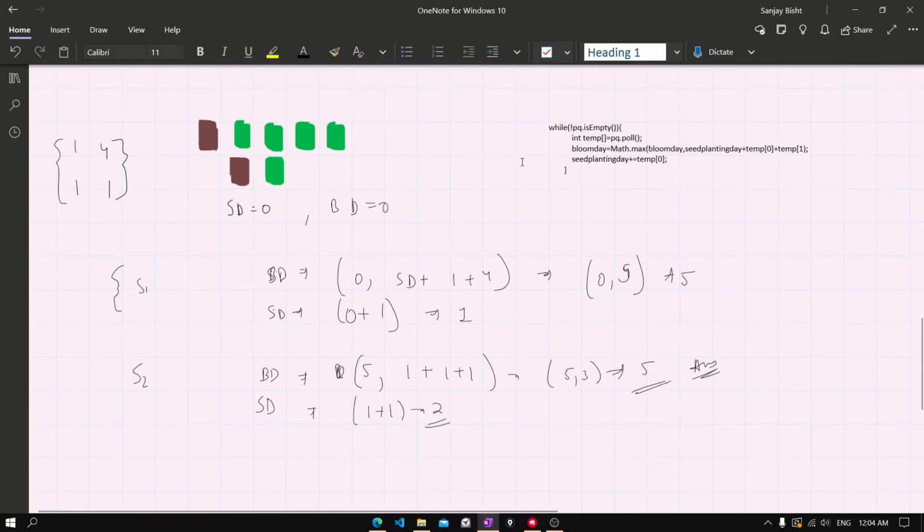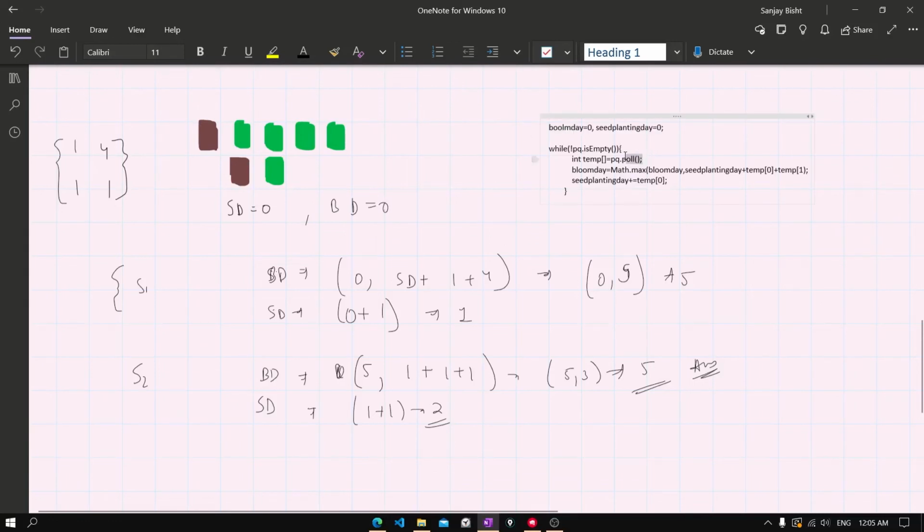The approach we are using involves two things. We have the bloom day equal to 0, and the seed planting day as 0. Initially both of them will be 0, and we will pick the top elements first.